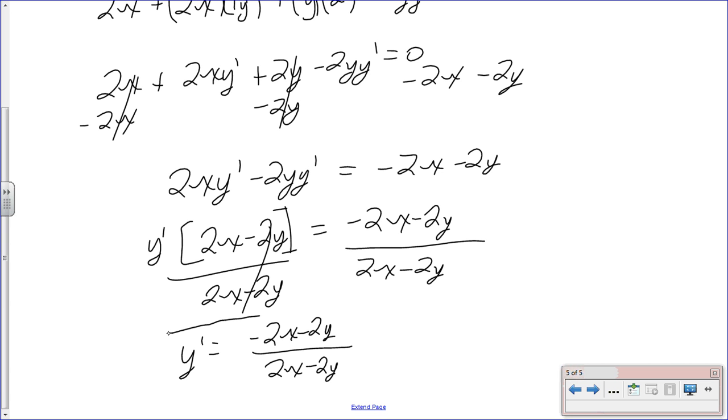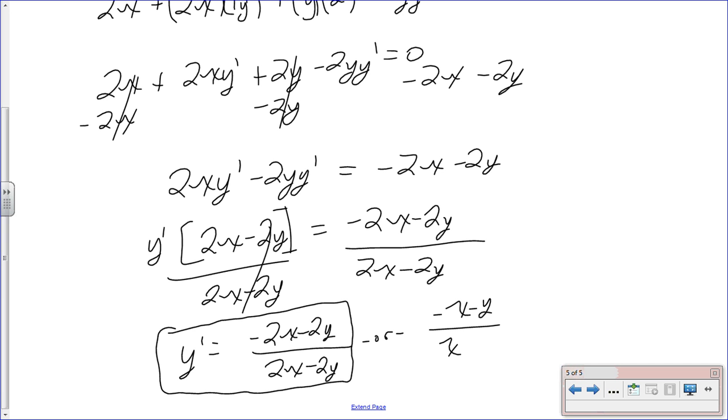I would take that answer, or you could factor out a 2, and I would take that answer, negative x minus y over x minus y. Either answer is correct.